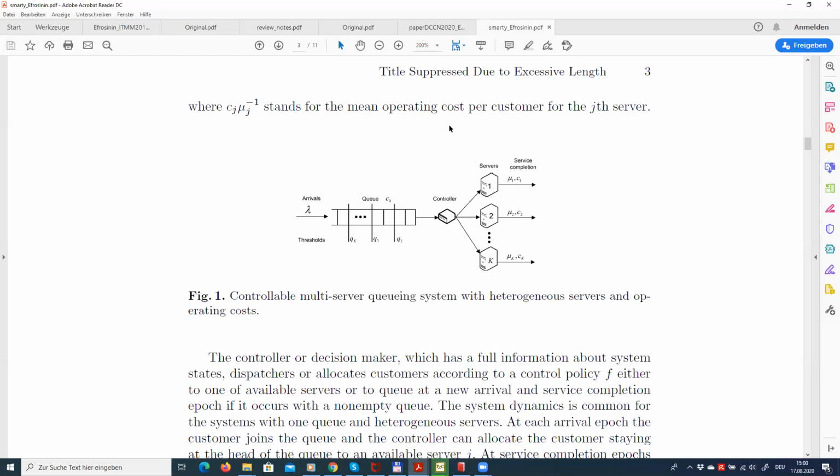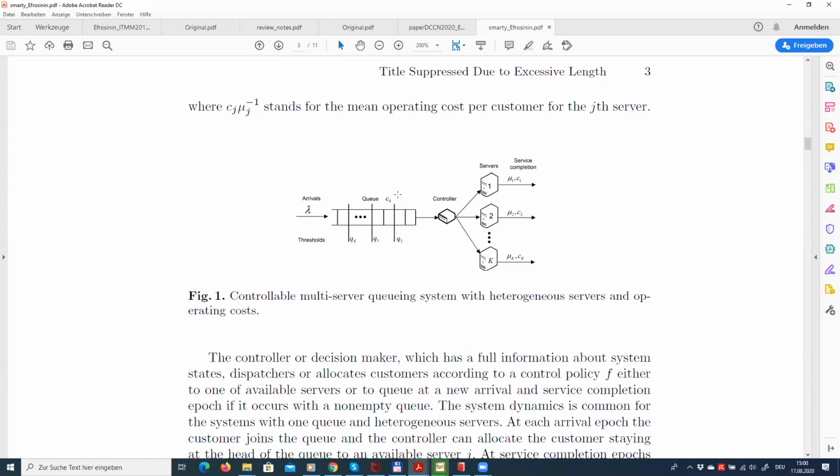Additionally to the standard definition of interarrival and service times, we have a cost structure that consists of operating cost Cj per unit of time for busy server j, and holding cost C0 per unit of time for any customer waiting in the queue.